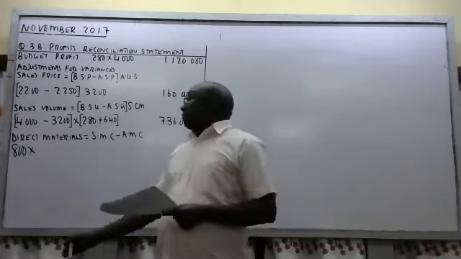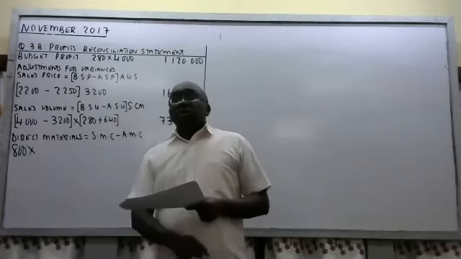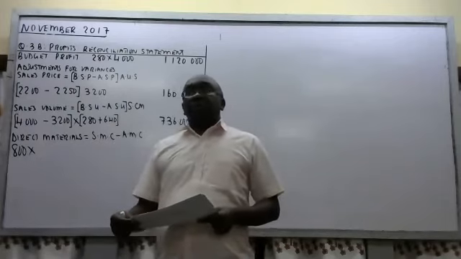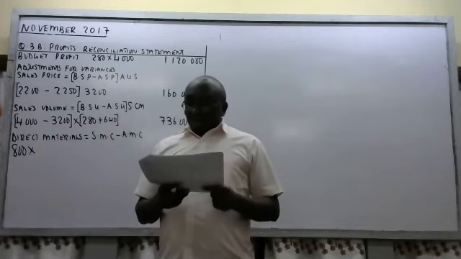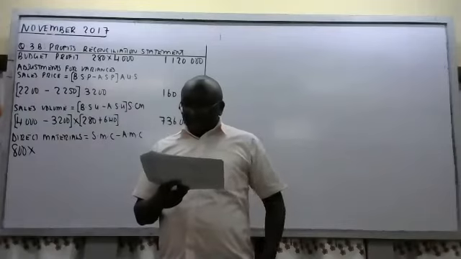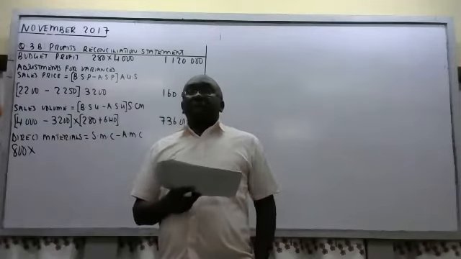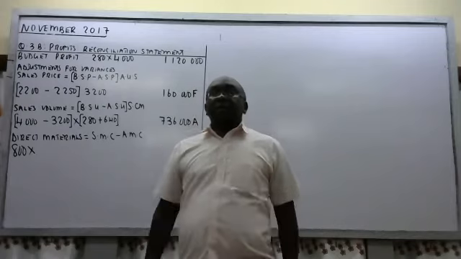And because these are production costs, you are supposed to multiply by the units produced. You can see in information number 3, total production is 3,000.